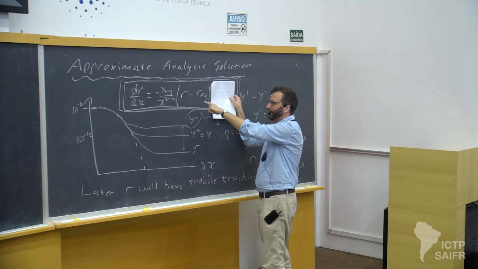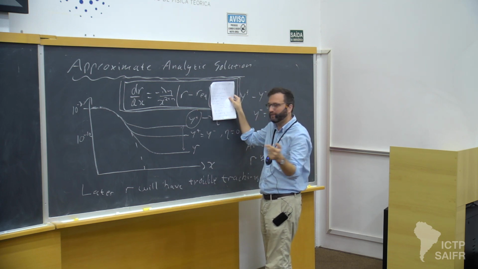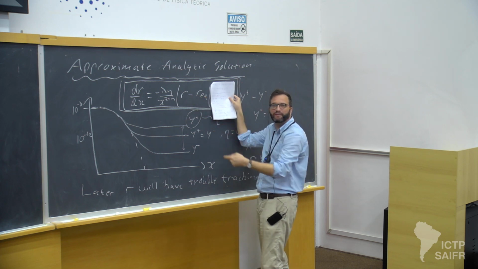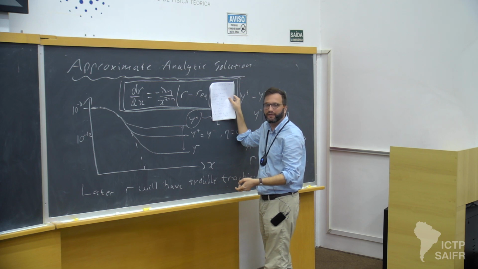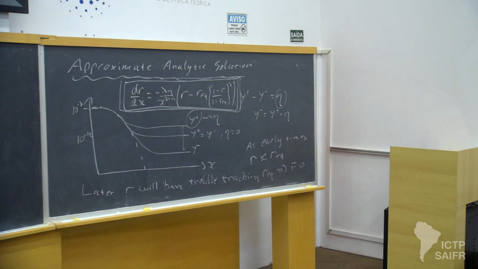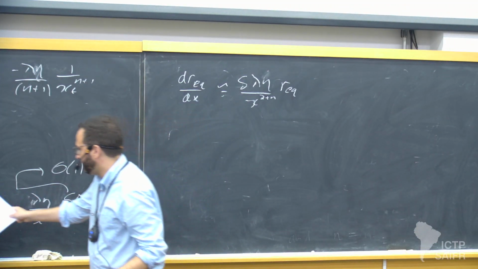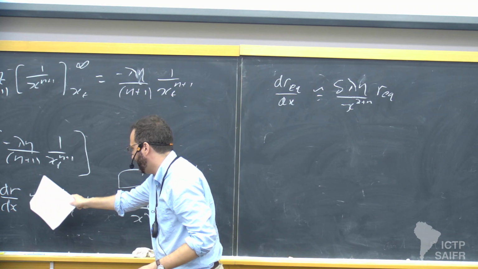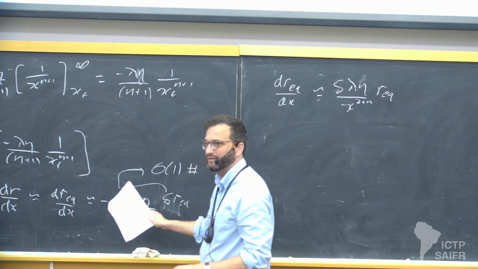We define our freeze-out time as when r minus r equilibrium is an order 1 number times r equilibrium, and this order 1 number we denoted delta. We still approximate that the dr dx is roughly the derivative.